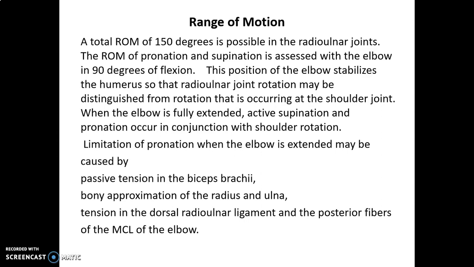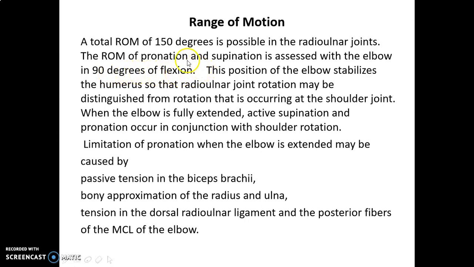From there to the maximum range of pronation, the total range of motion is 150 degrees, possible in the radioulnar joint. The range of motion of pronation and supination is assessed with the elbow in 90 degrees of flexion.